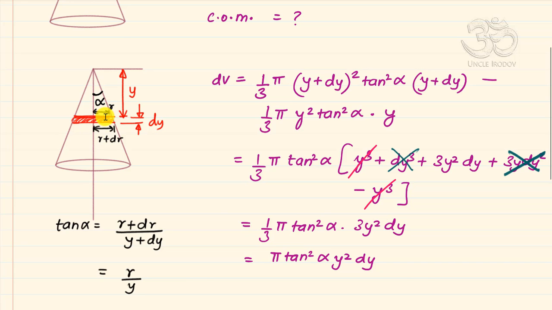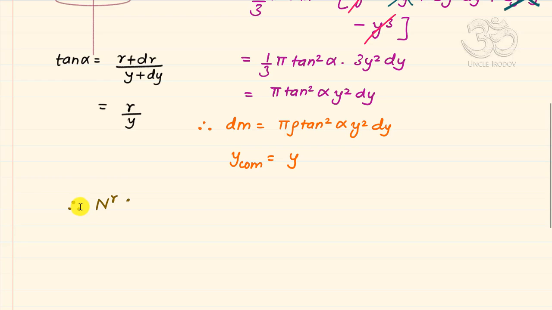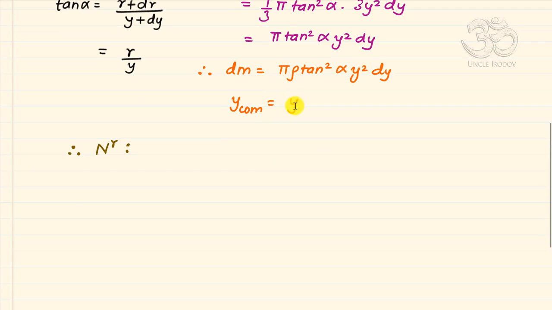So this is the total volume of the element which I have here, and so now I know its mass and I know its y center of mass. Therefore I can say dm is equal to pi rho tan squared alpha y square dy, and the y center of mass for this element is y itself. So the numerator becomes the integral of y dm, which gives pi rho tan square alpha out, and y square into y, so y cube dy, so that's y power 4 by 4.